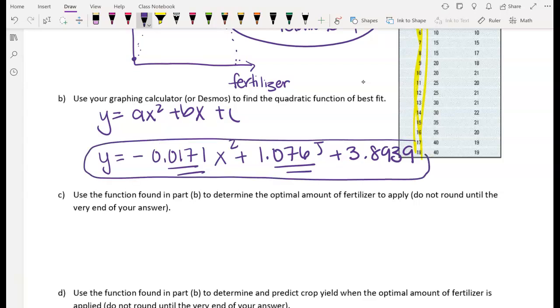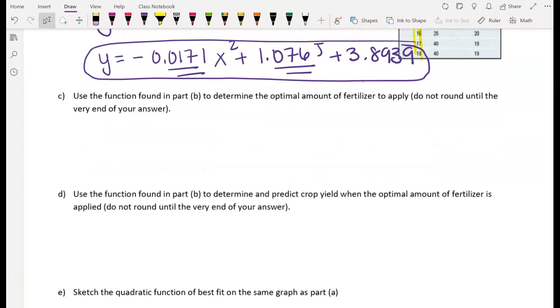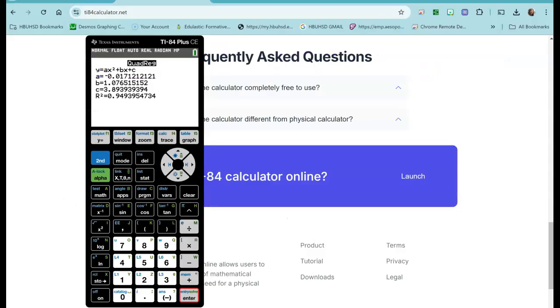Now to get the rest of our answer, I want you to store it to your y equals, that way we have more accurate information. Use the function found in part B to determine the optimal amount of fertilizer to apply. Do not round until the very end. That means I want you to store it in your Y1.